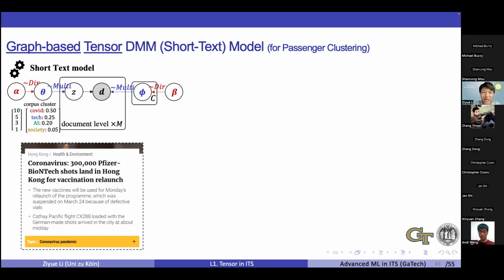cluster the passengers directly, and it's also a topic model. It's called the short text model. It has really simplified the LDA model.